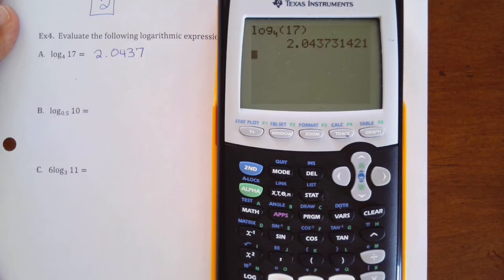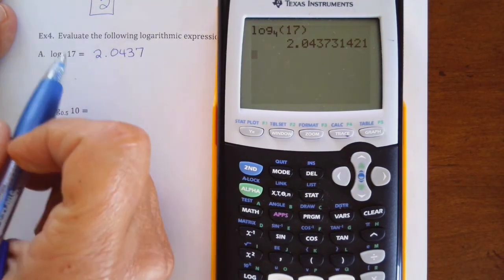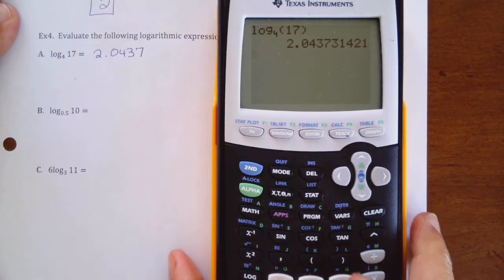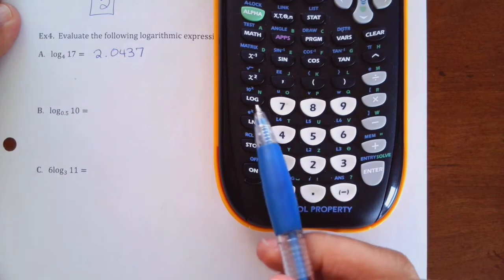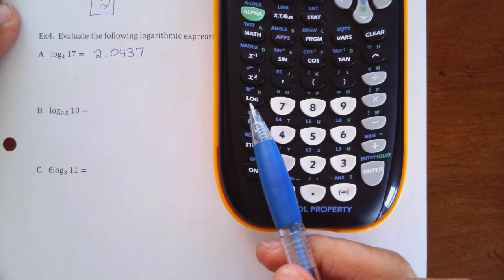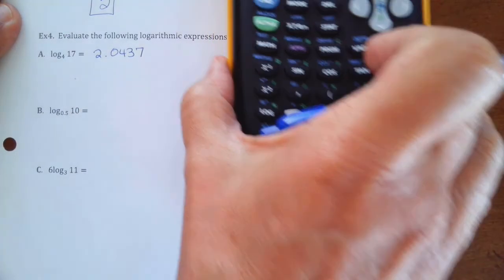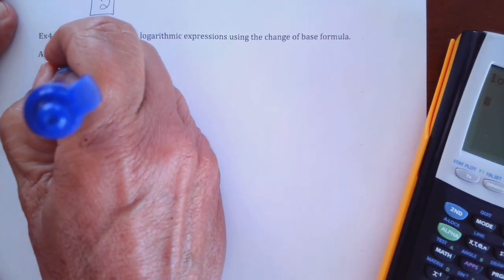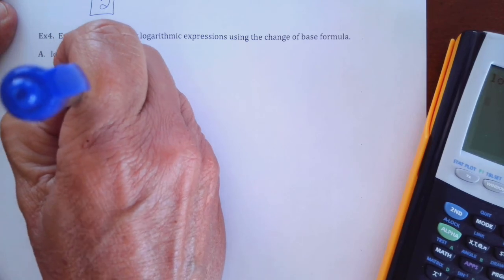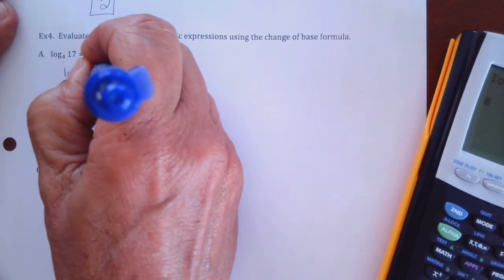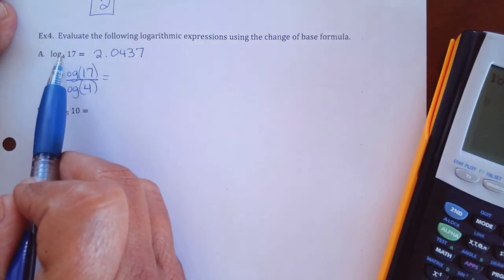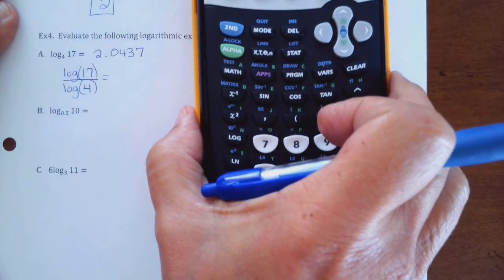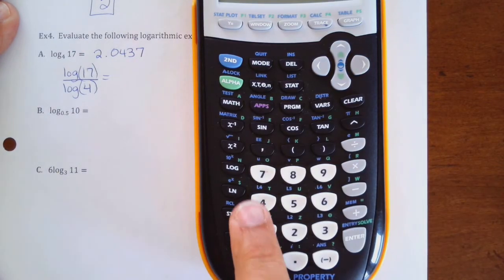Okay. All right, now, if you don't have that, if you have an older calculator, then you do need the change of base formula, because the only log button you have on the older calculators is this one, but this is a common log base 10. So the change of base formula says, take the log of the bigger number, the top number, and divide it by the log of the base. Okay, always. Log of this big number and always divide it by the log of the base. If you do that now, if you don't have what I just showed you, we're going to use the log button.